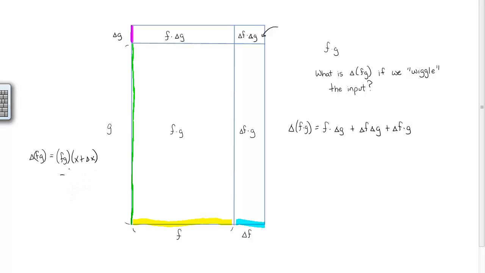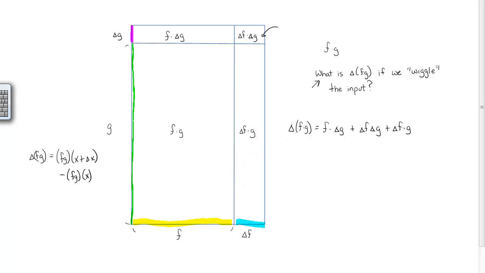I'm used to writing delta h's. Minus f times g at x. A way to interpret that is to say, I just need to know how much does f times g change when we wiggle the input by delta x. And that's exactly what this question is asking. How much does our output change if we wiggle the input by a delta x?